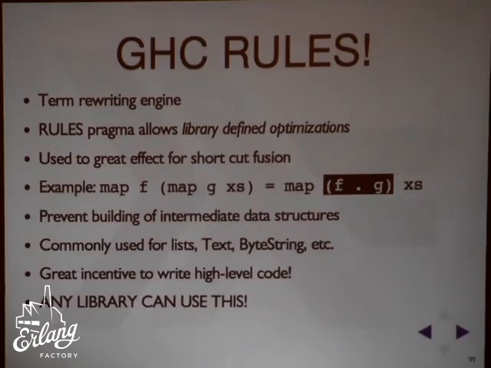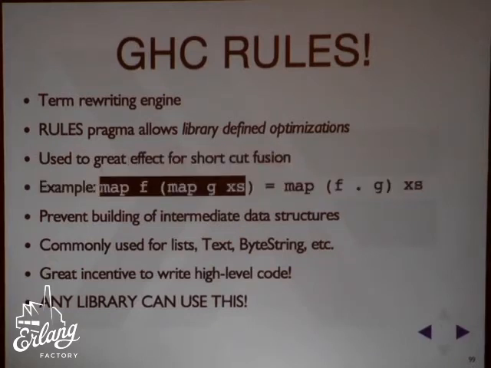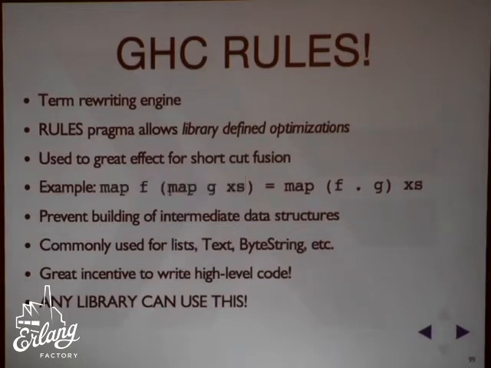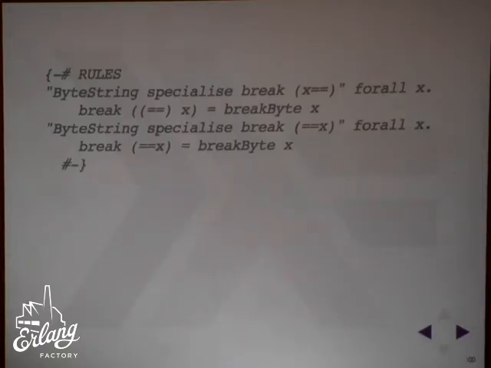And the nice thing about it is that it's actually an incentive to write high-level code. Because if I was trying to optimize this by hand, I might not be able to do it. Because this can cross even module boundaries. So this is context sensitive. It's dependent on how you use it. It's not some local optimization that the Erlang compiler can do. This is whole cross-program optimization.